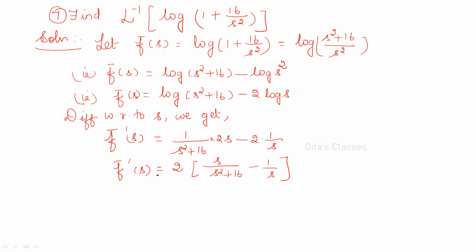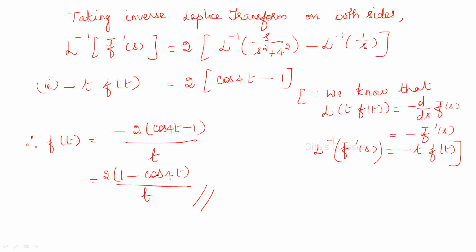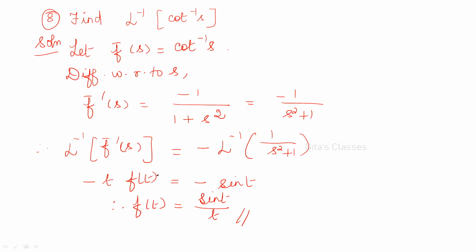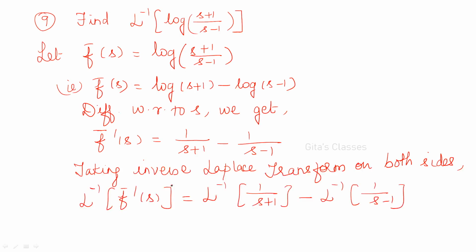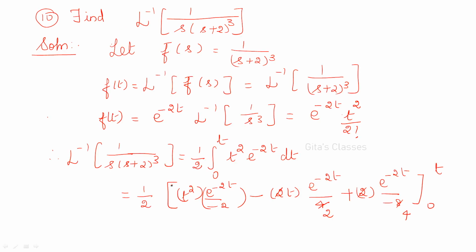Let the given function be f bar of s, then differentiate, and it is similar to the previous problem. And for cot inverse of s, same: let f bar of s be equal to cot inverse of s, then differentiate, then minus t into f of t, take inverse Laplace transform on both sides, then simplify. It is also a similar problem.